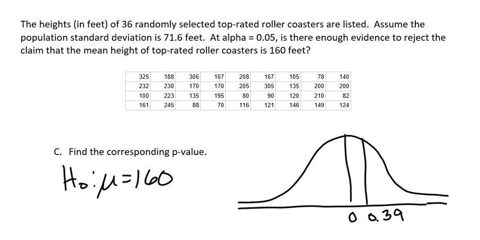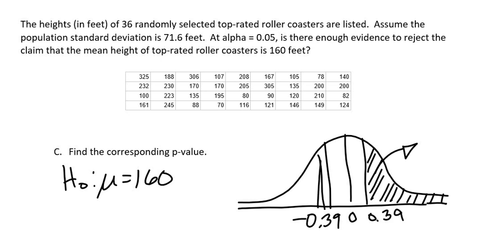Now, when you are looking at the table, or you're using Google Sheets to calculate the area under the curve, you are always going to get the area that's to the left. Now, think about it this way. We need the area that's to the right because we need this area that's in the tail. So what we're going to do is we're actually going to look up or use the negative 0.39 to find the area that's in this tail, because our standard normal curve is symmetric.